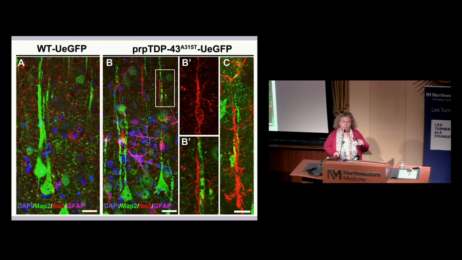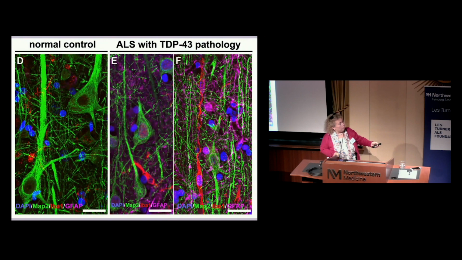So I want to emphasize one thing here: what we see in the mouse with microglia and astrocytes, and I'm going to show you, this is also in the patients, again with increased astrocytes and microglia, they are pretty similar.